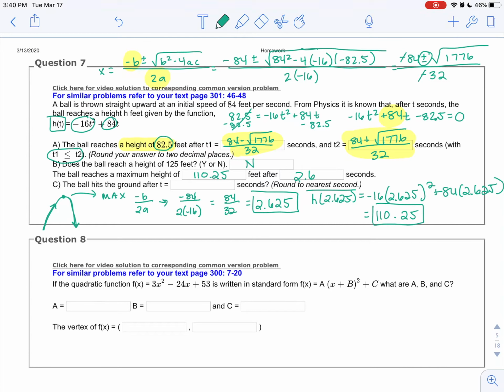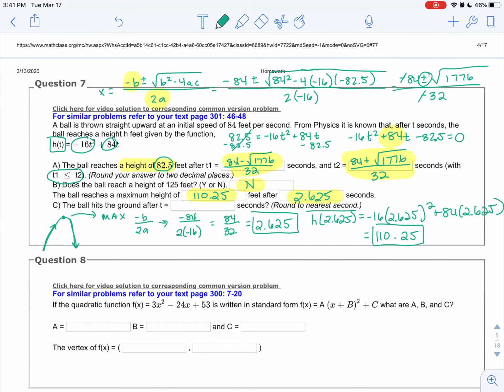The ball reaches a maximum height of 110.25 feet after, I'll type in 2.625 first and see if it takes that. Okay, so yes, it took all these answers as is. I typed in 110.25, and it took it, and then 2.625, I typed in that whole thing, and it took it.